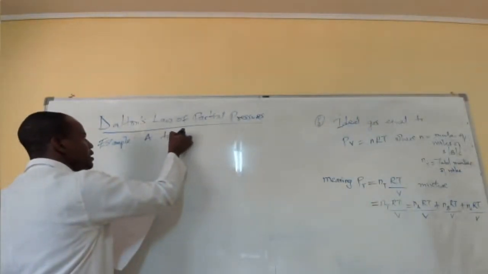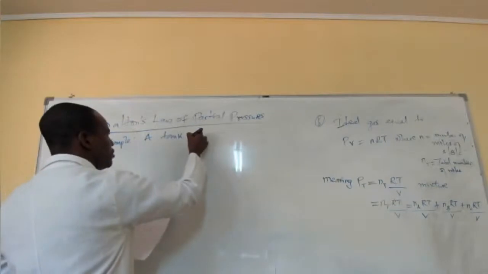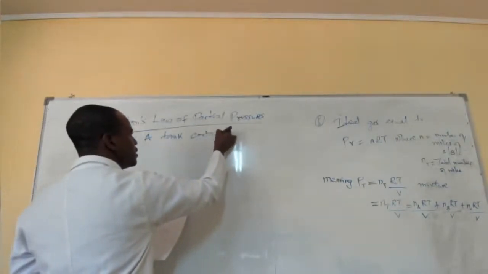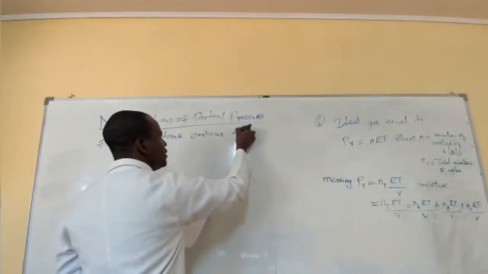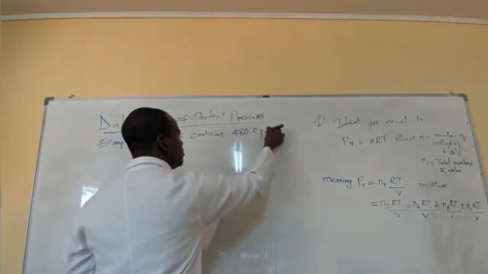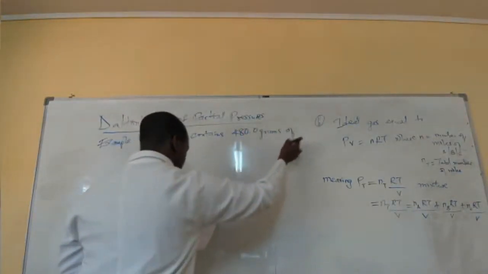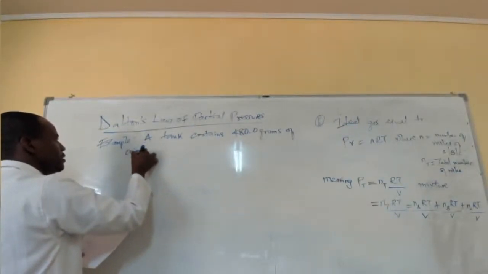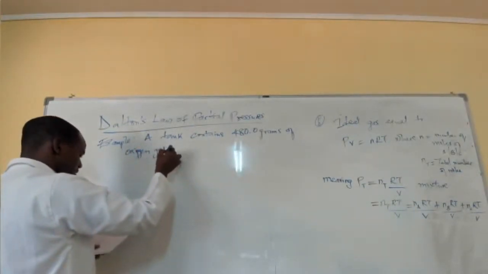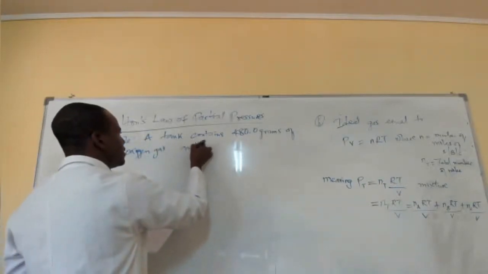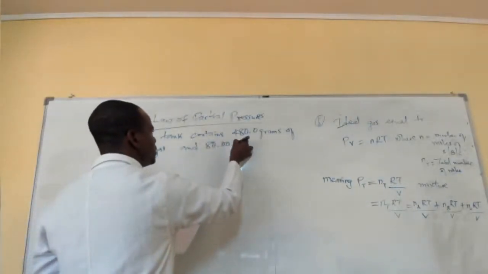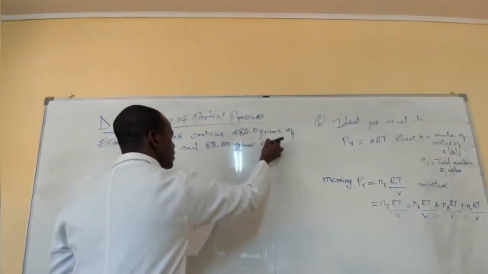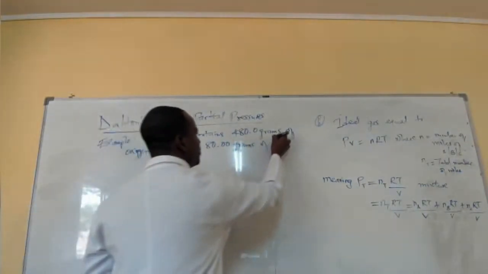So, a tank contains 480.0 grams of oxygen and 80.00 grams of helium.